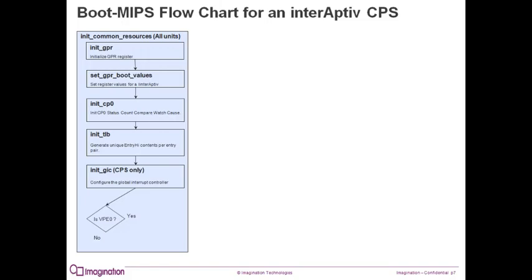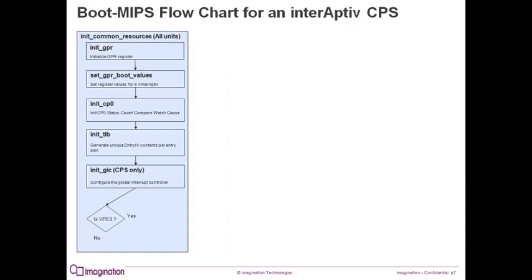All of the processors will execute the boot code in the start.s assembly file. The file is divided up into sections. The execution of each section will depend on which processor is executing the code. Here is a flowchart of the boot code. The init common resource section is executed by all processors in the system.